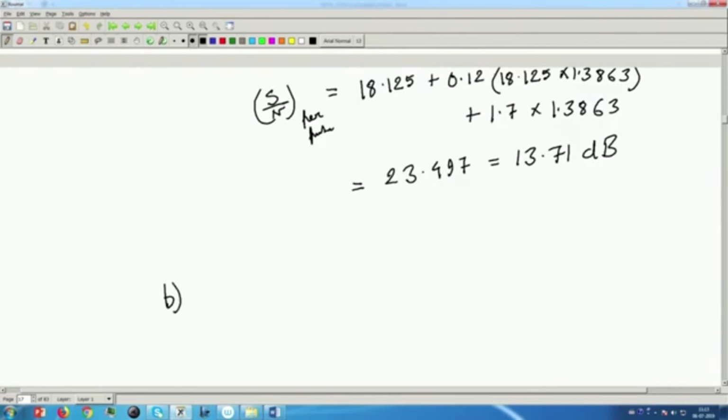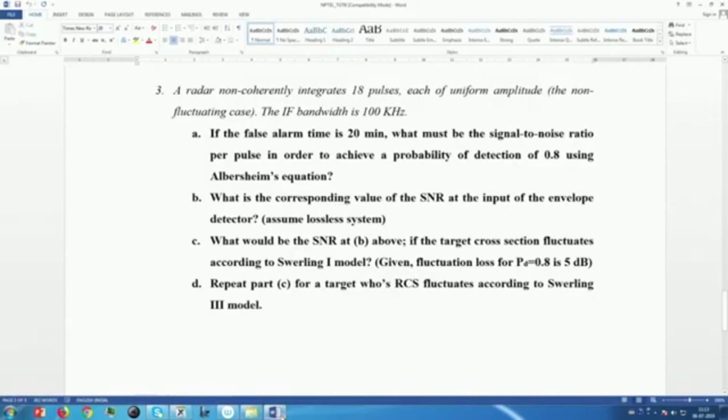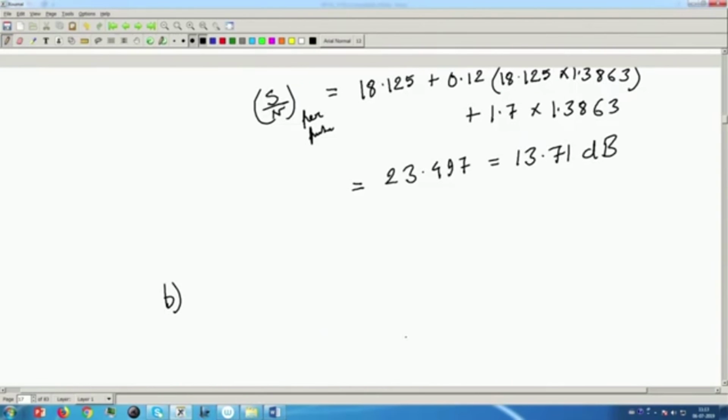Now, let us see part B. What is the corresponding value of the SNR at the input of the envelope detector? Assume lossless system. That means just 18 pulses are integrated.